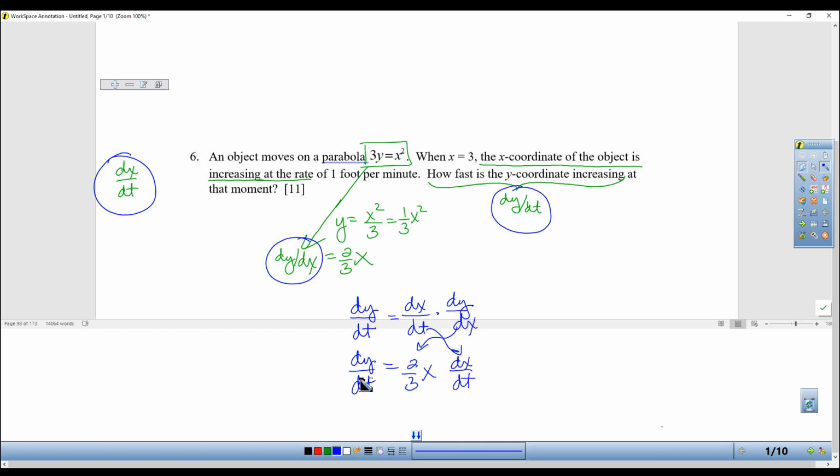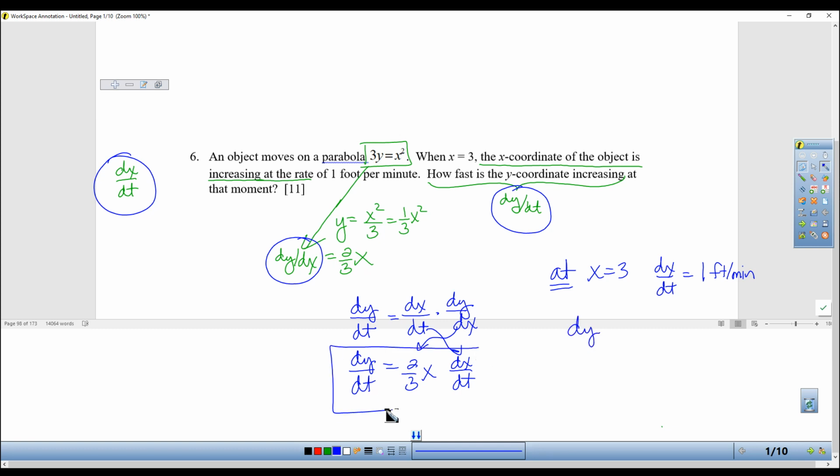So if you want to know dy/dt, you can just plug in any point x and its rate at that point. So where do we want to know it? At x is equal to 3, they said the x-coordinate is increasing at a rate of 1 foot per minute. Those are the 2 things that you need to know to find how fast the y-coordinate is increasing.